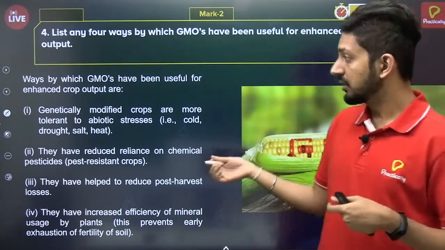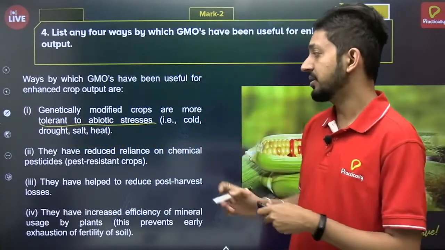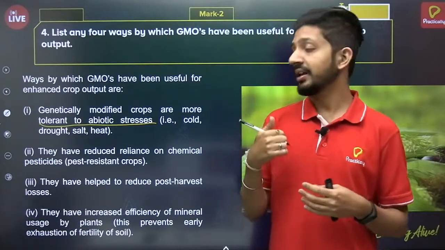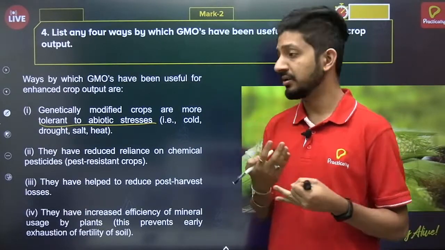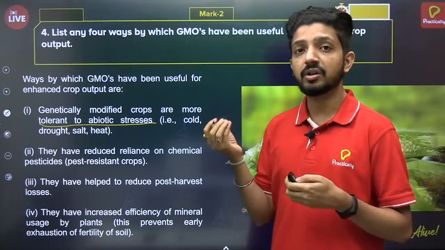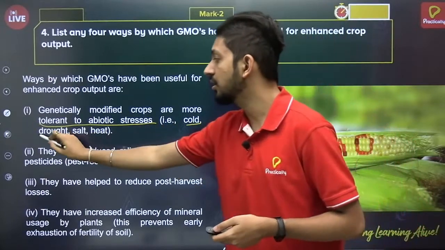So the GMOs are mainly tolerant to the abiotic stresses. So abiotic stresses are the stresses caused by the abiotic factors, like we have the temperature and the water inadequacy. So that's cold, drought, heat, etc.